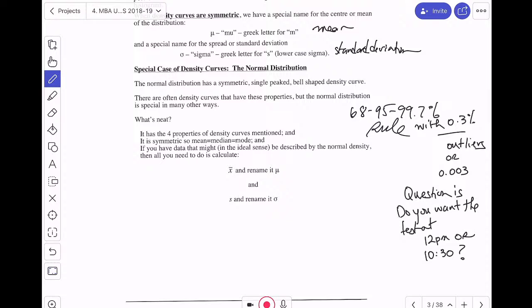Okay, so in the chat, tell me which one you want. I had already said I was going to put it at 10:30, but let's see if anyone is opposed to leaving it at 12. Let's ask that question.